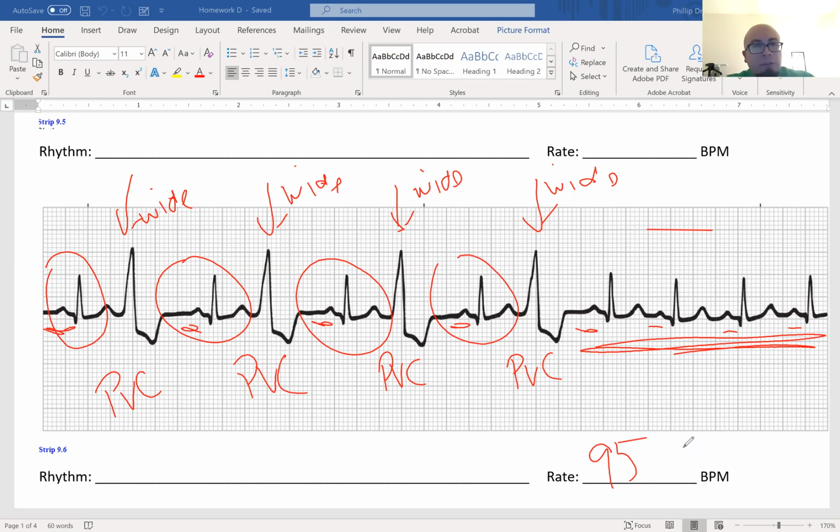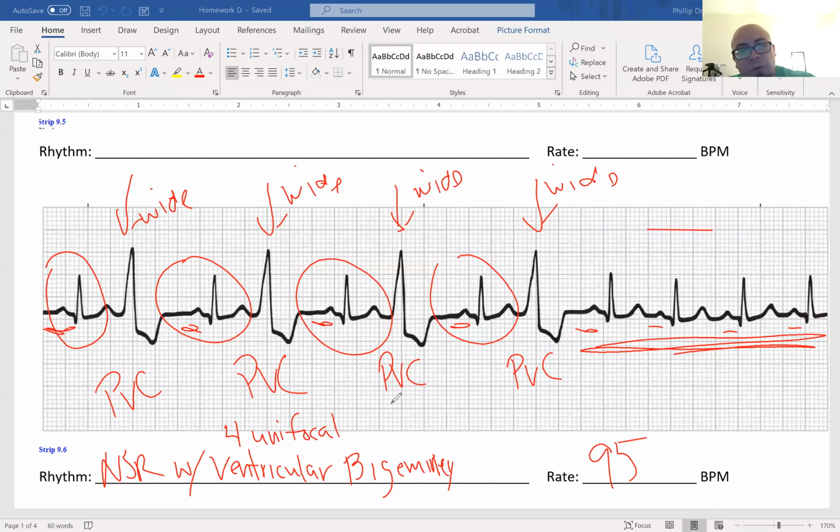So if we're 95 beats per minute and we have sinus, we have normal sinus rhythm with ventricular bigeminy. Or you can say 1, 2, 3, 4 unifocal PVCs.